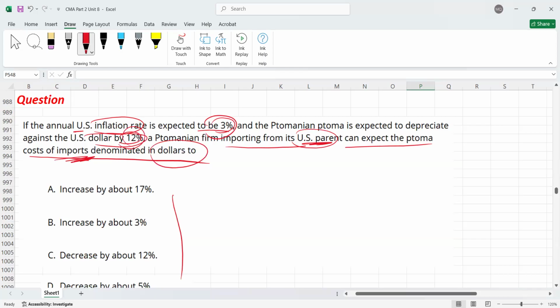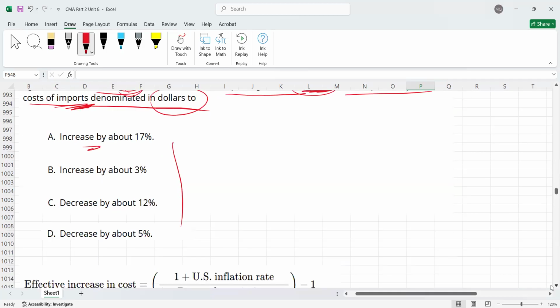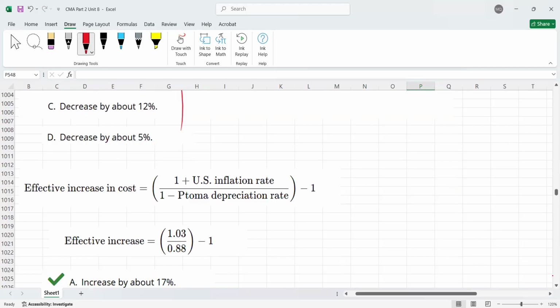So guys, whenever this scenario is there, you have to apply this formula to get the increase or decrease in percentage. I'm just writing it here. Whenever you want the effective increase in cost, you apply this formula: 1 plus US inflation rate, divided by 1 minus Potama depreciation rate, because the Potama currency is depreciating.